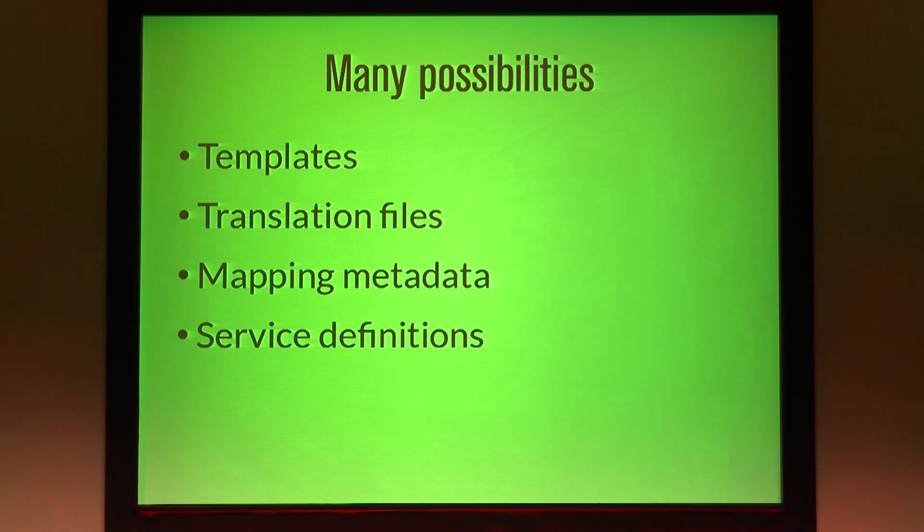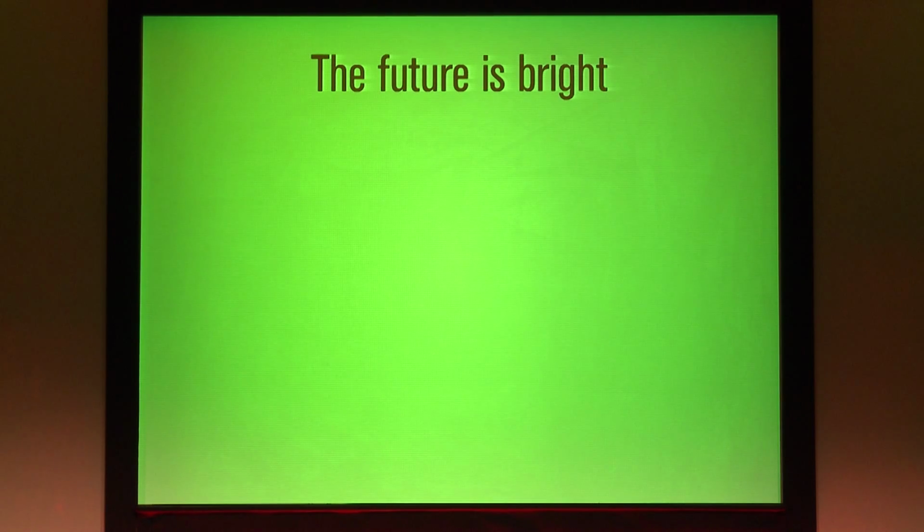And maybe even service definitions, which is also quite interesting. It would allow a package to offer service definitions for all its classes. So if you install a package that contains some service definitions, it might be possible to automatically register those services just by using Puli. It's totally awesome. The list is getting longer and longer. I really think the future is bright for reusability.